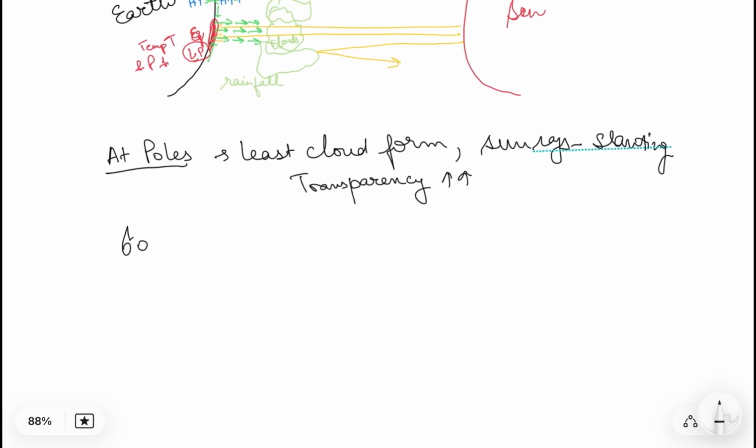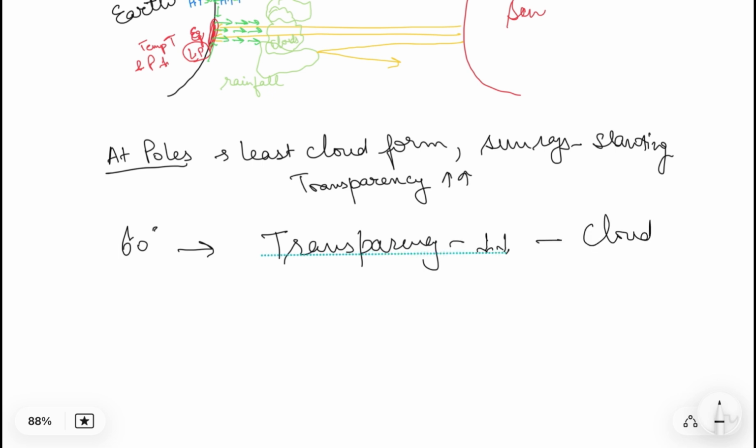At 60 degree, transparency will be less. Why? Because of clouds. Insolation is very low, almost no insolation.